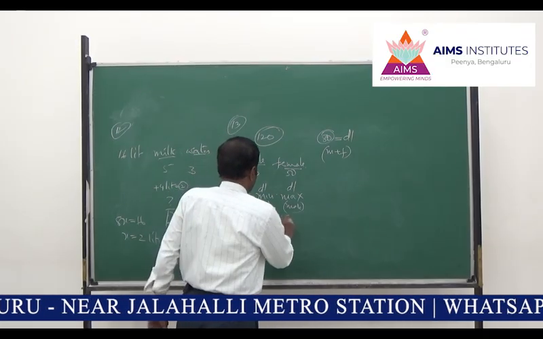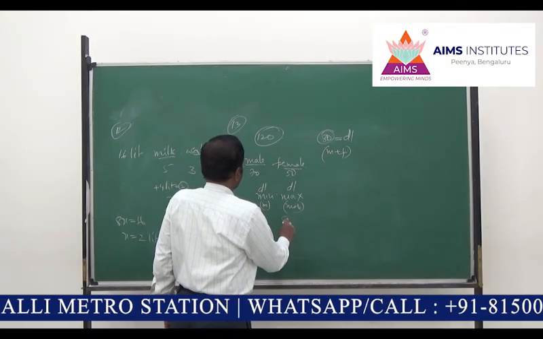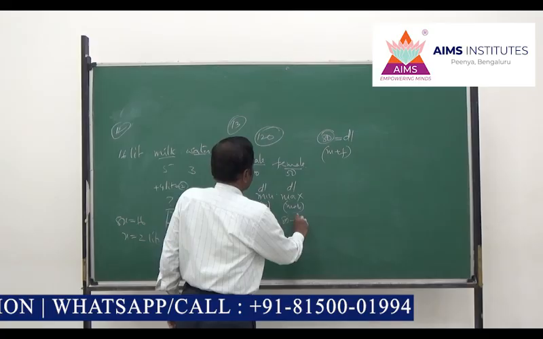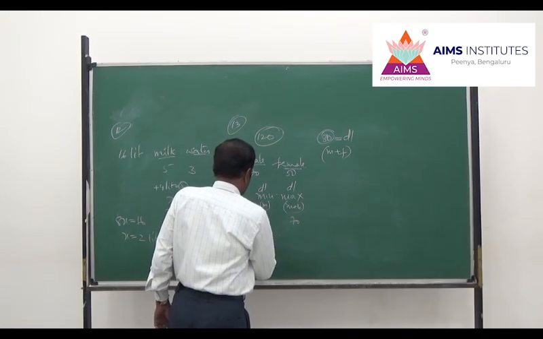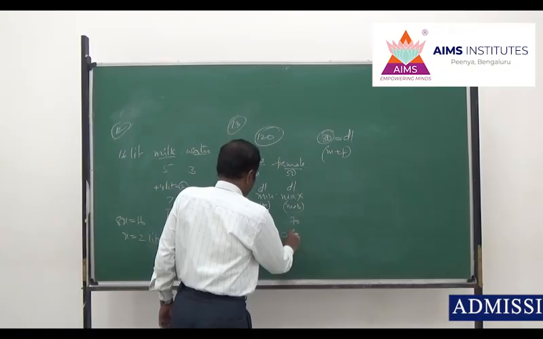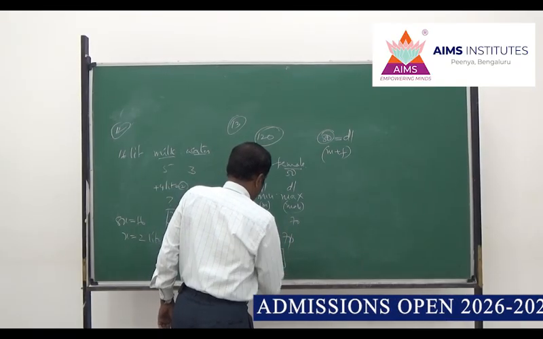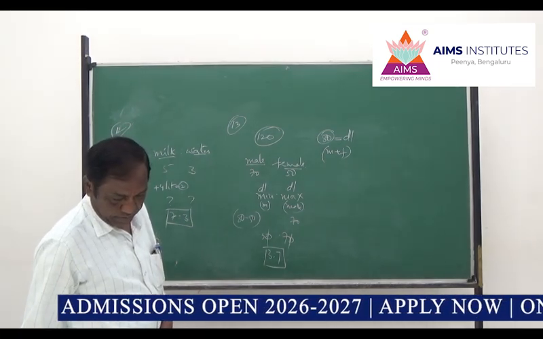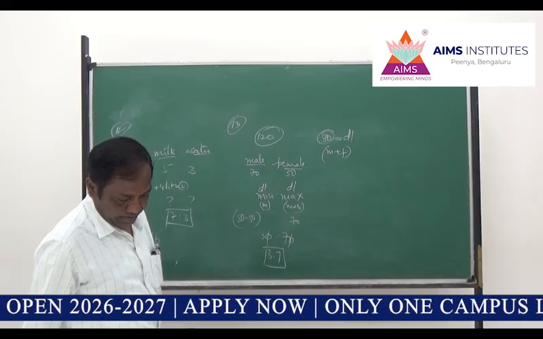You can say 80, but you can take male, maximum is 70. So this is 30 is to 70. 0 gets cancelled. 3 is to 7. Or 3 to 7 you can take. Option C.